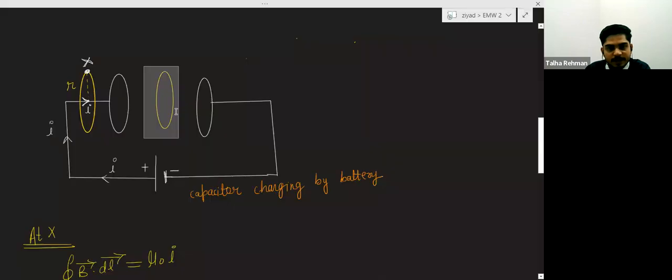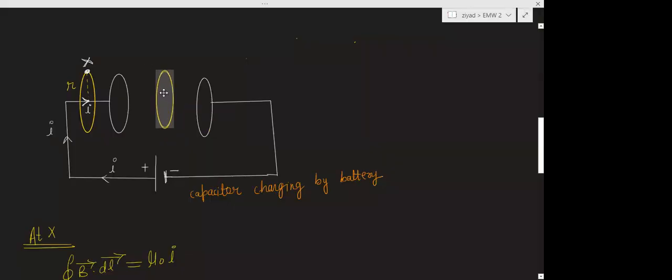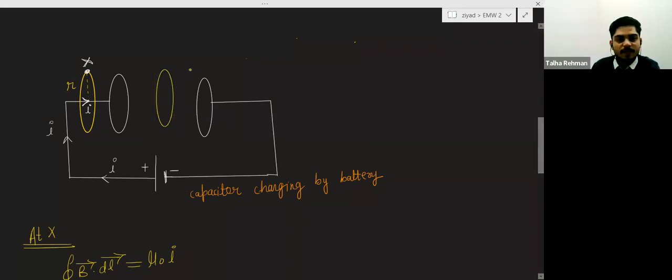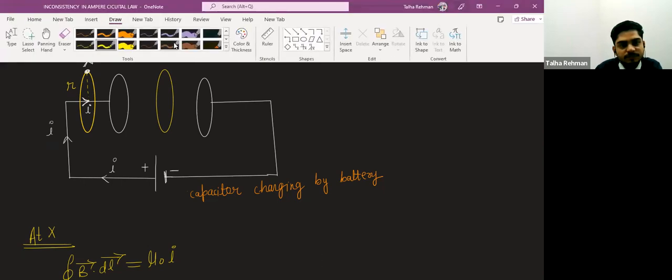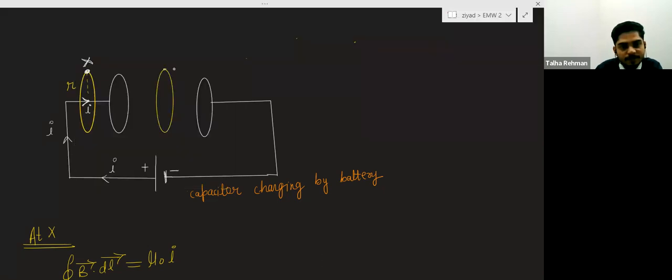Okay. So here another loop I have taken. Suppose this point is Y. This point is Y, and again r is the radius of this loop.